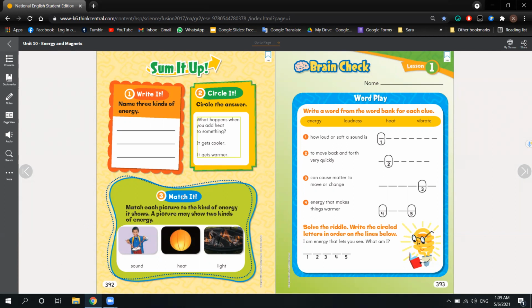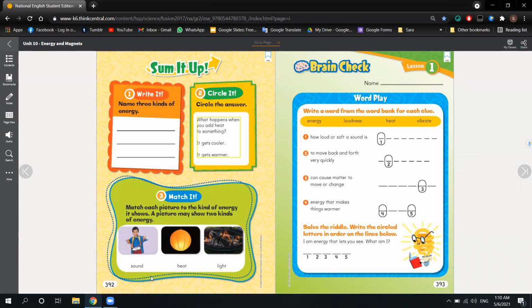Okay, number 3. Match each picture to the kind of energy it shows. A picture may show 2 kinds of energy, so it'll be okay if you match one picture with 2 kinds of energy, okay? So the drums, what do you think? A boy with drumsticks hits a drum.